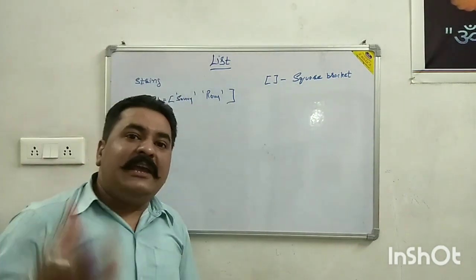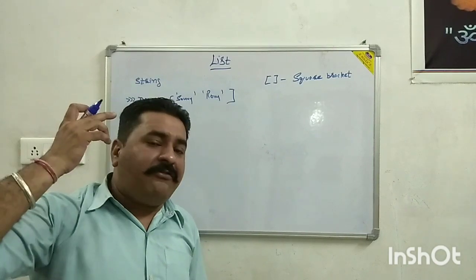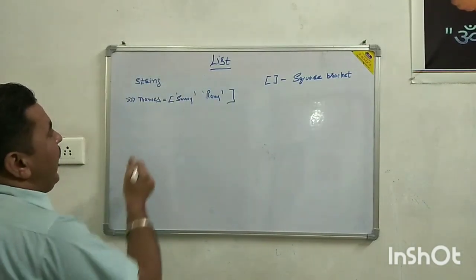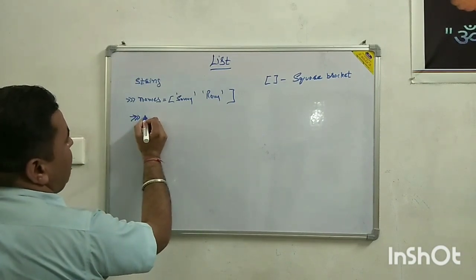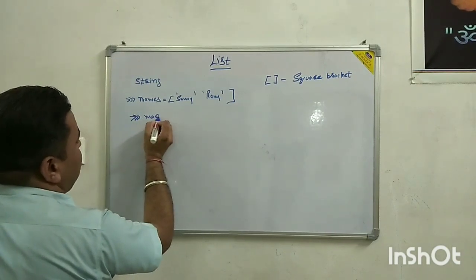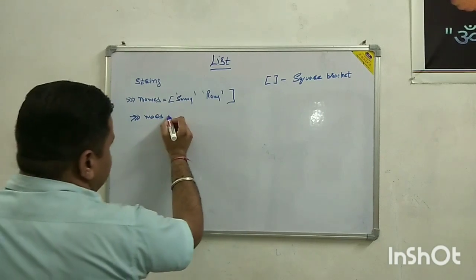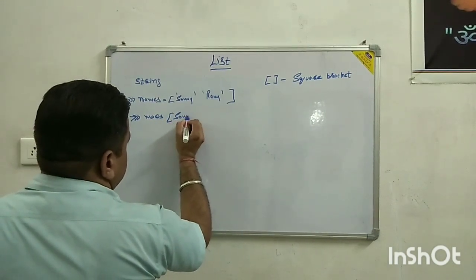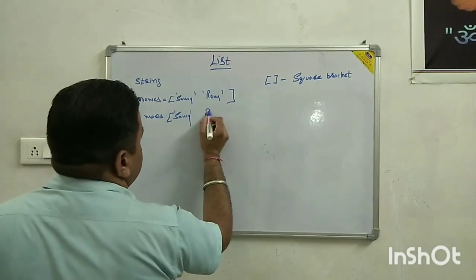A string is a combination of alphabets, a combination of characters. So we have written a number of names here, and if we write names, it will give the result Sunny and Ram.